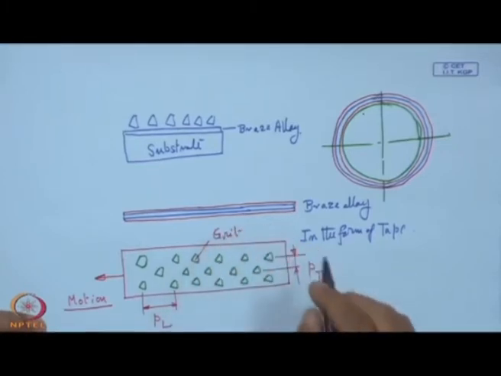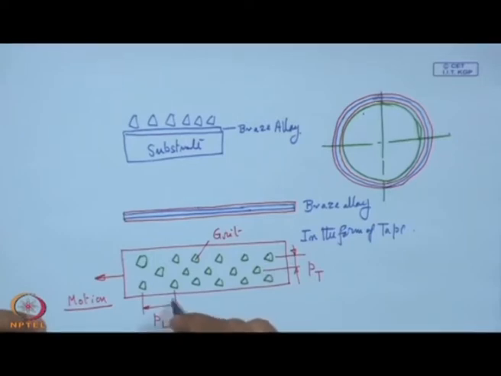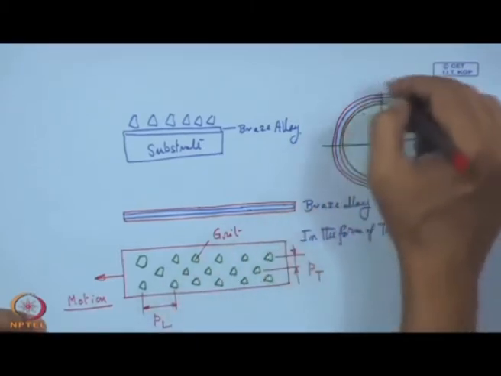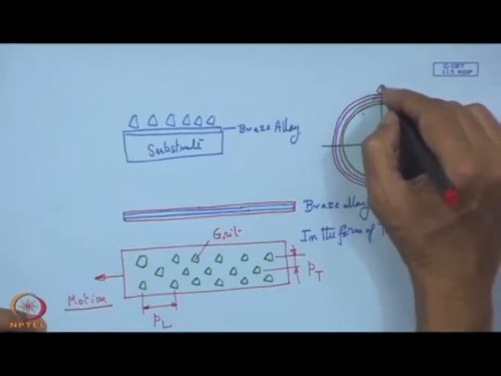This abrasive tool is going to remove material, and the grits have the abrasive action. This PL is important from the point of view of chip clearance. That means, for the chip which is removed, there must be adequate chip length so that chip clogging does not take place, and it will be wrapped over this surface just like these grits.